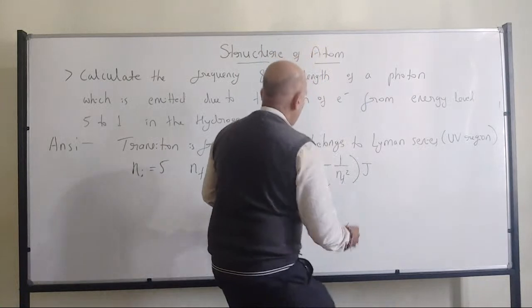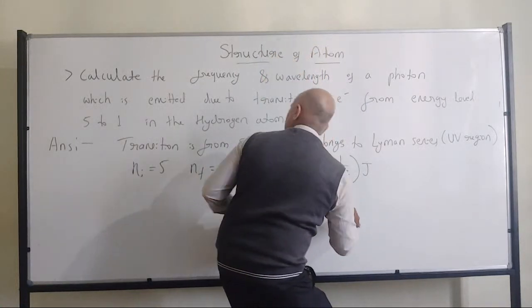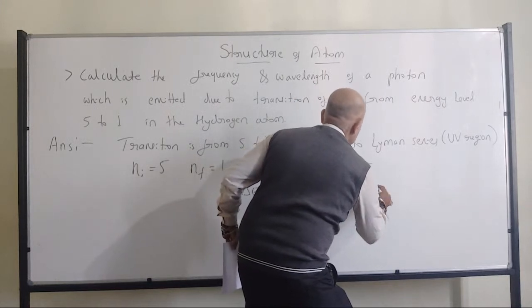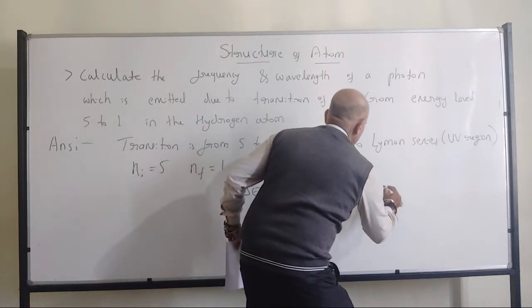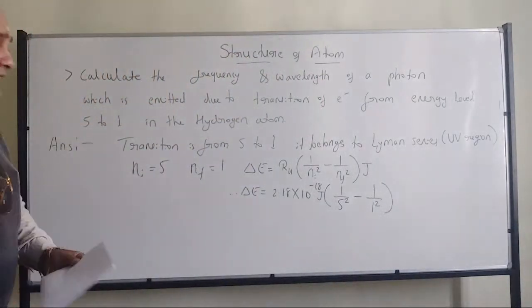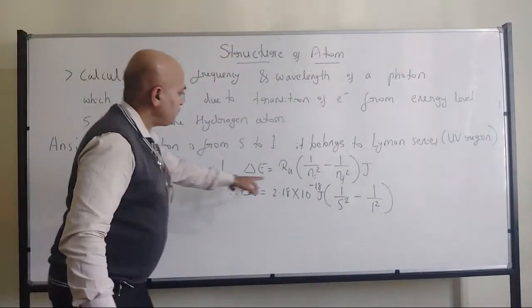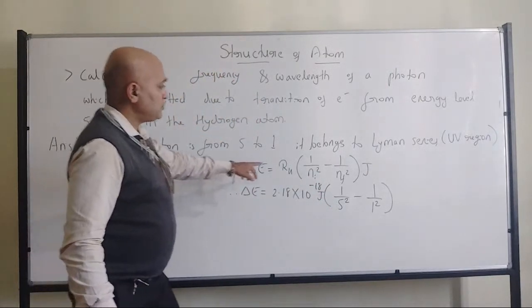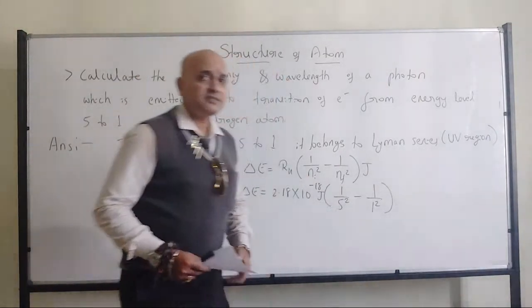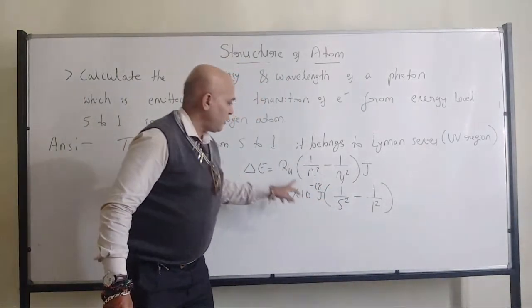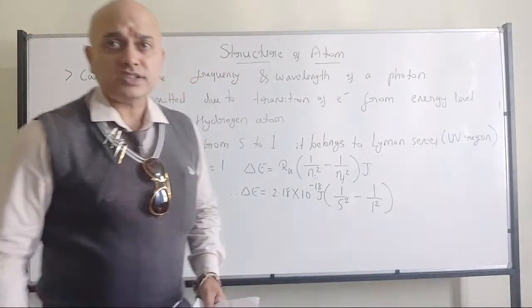Very good. So now 1 by Ni square is 5 square minus Nf square, right? So that's what I have substituted, because Ni is equal to 5 and Nf is equal to 1. Joule, here only I have written, along with the Rydberg's constant.